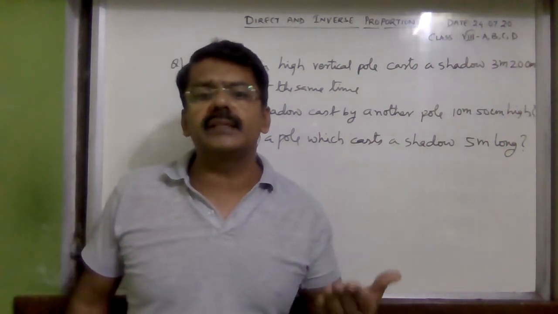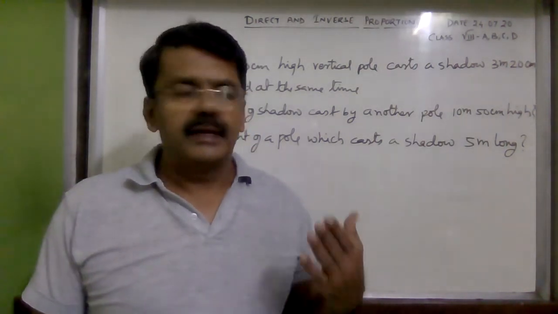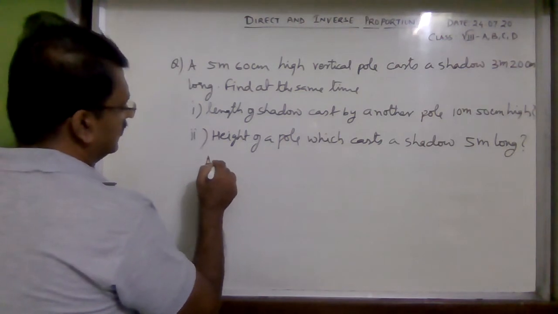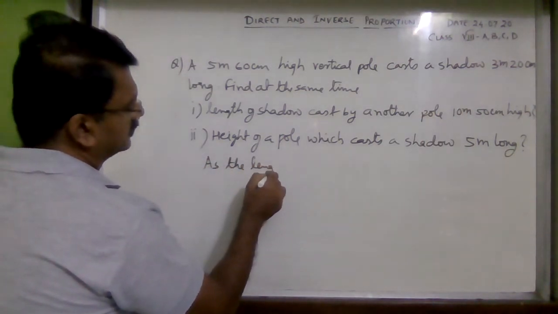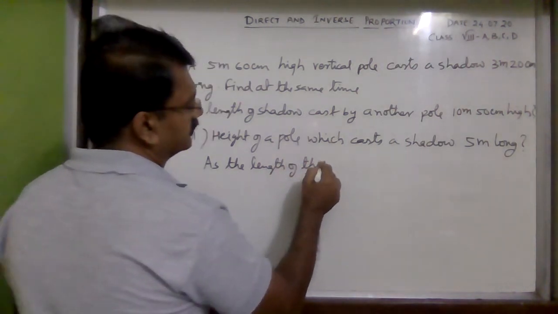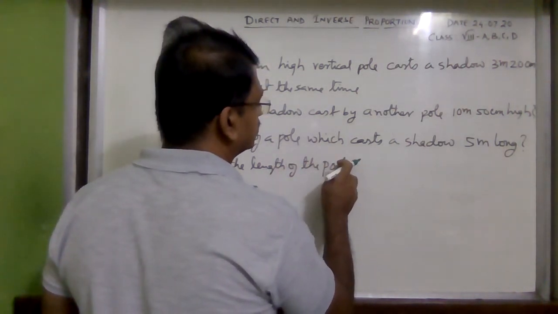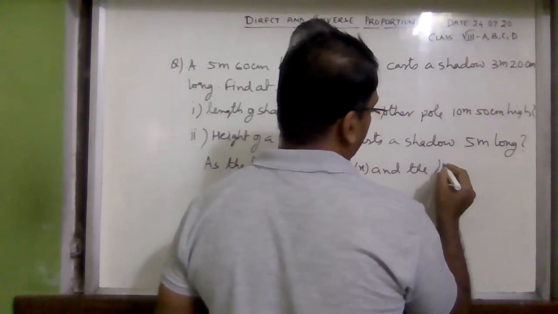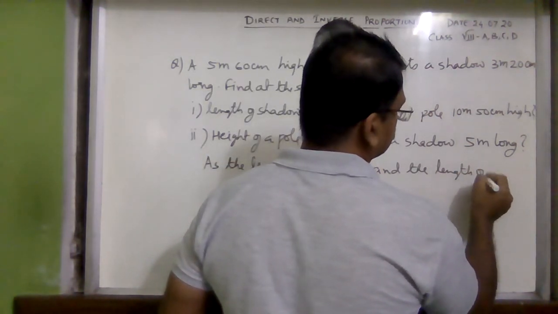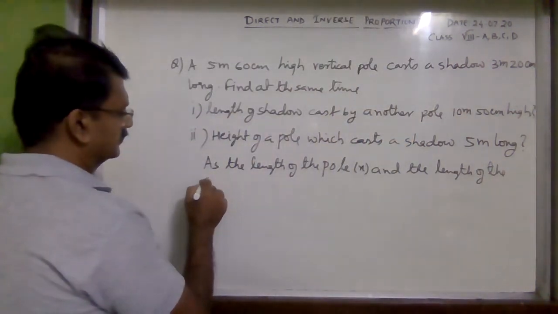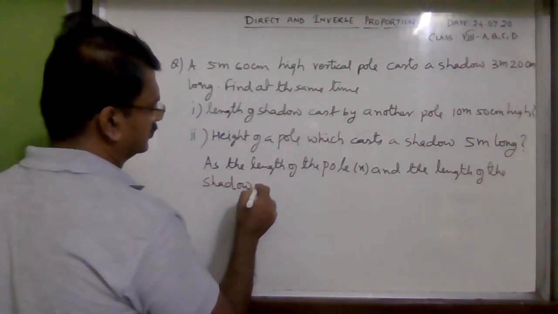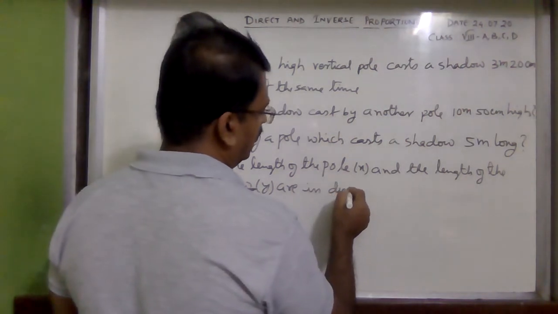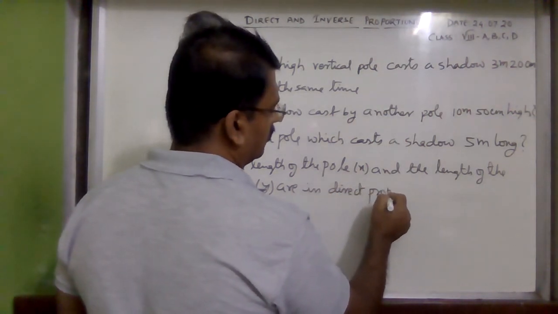That means the length of the pole and the length of the shadow are in direct proportion.